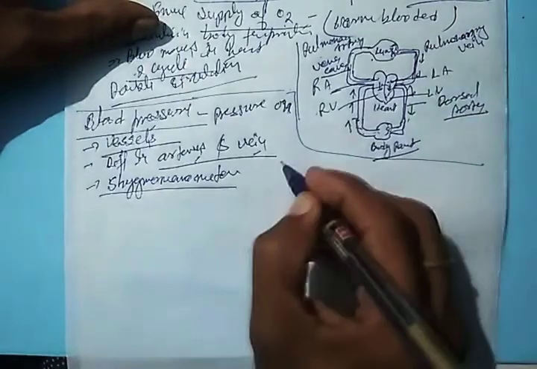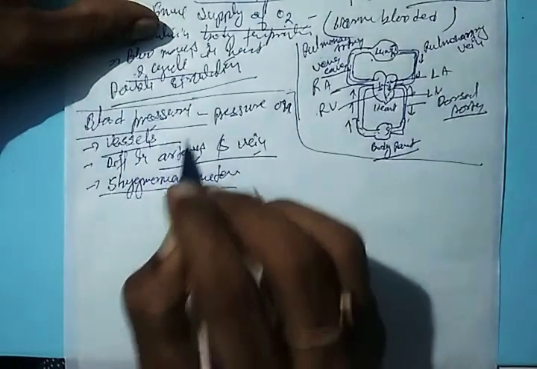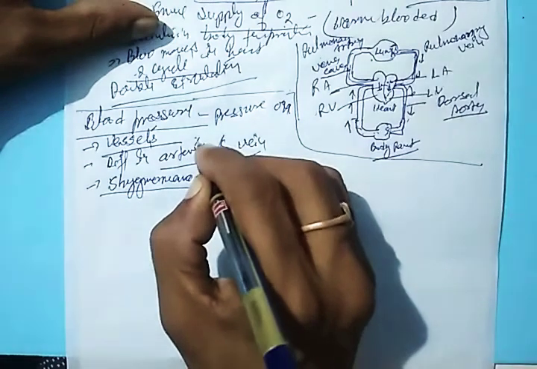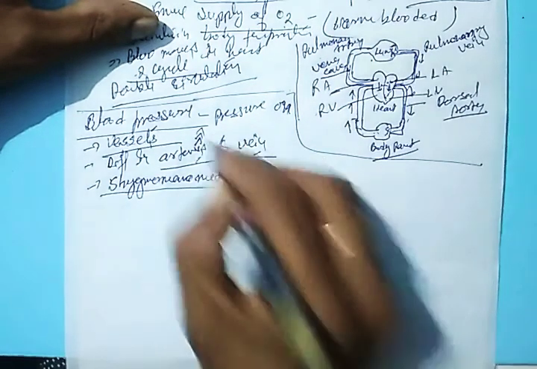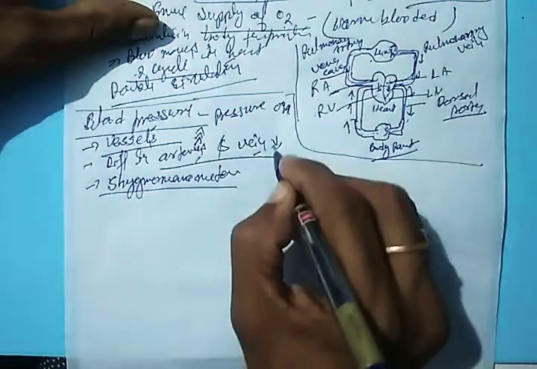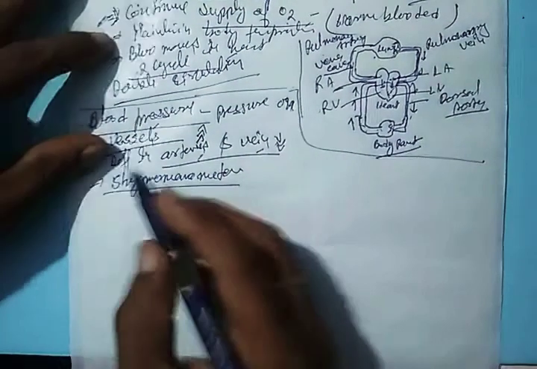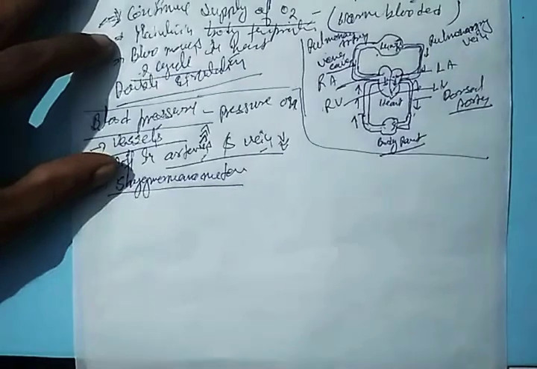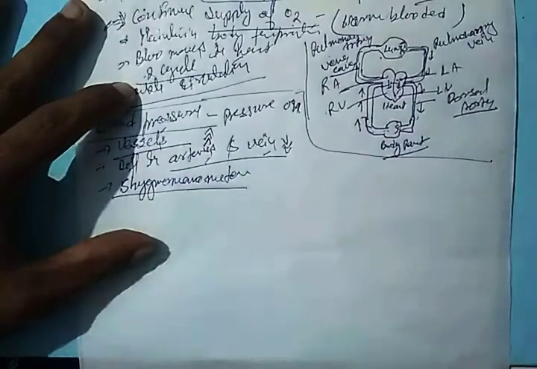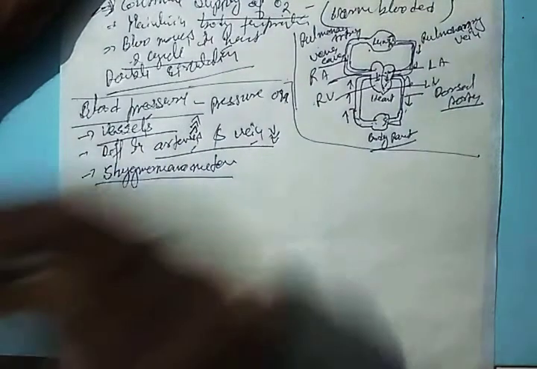Blood pressure is higher in arteries and lower in veins. Okay. So it is basically this topic. So what are the two different pressures in arteries and veins?